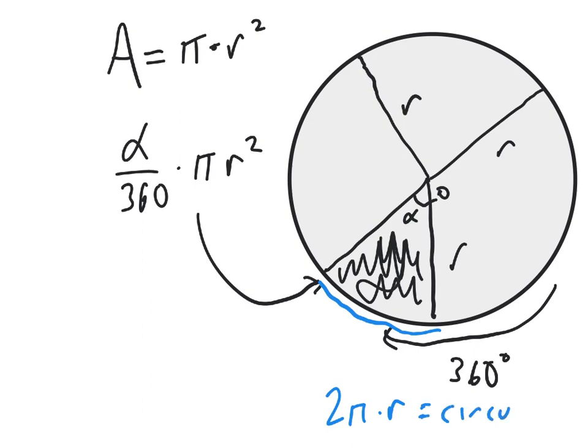And then we also can calculate this distance, which similarly is going to be alpha over 360 times 2 pi r. So we can see here how helpful it is to know these central angles, because we can calculate ratios and proportions and find areas and arc lengths of sectors.